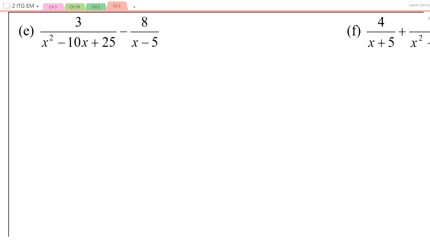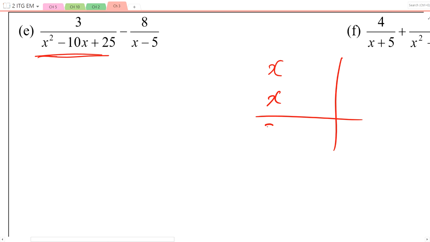3 over x squared minus 10x plus 25 minus 8 over x minus 5. What is the common denominator? X squared minus 10x plus 25. But I need to factorize this, right? What does this factorize to give me? X minus 5 squared. Okay, let me check. X and x. Yeah, I'm supposed to get x squared.